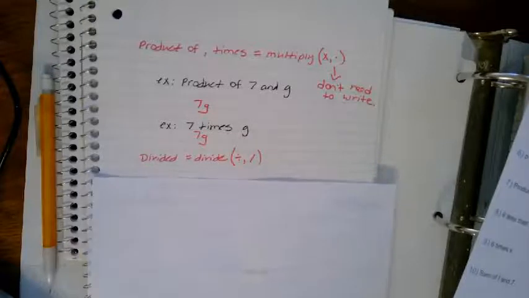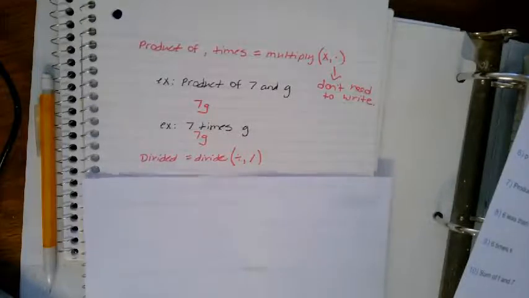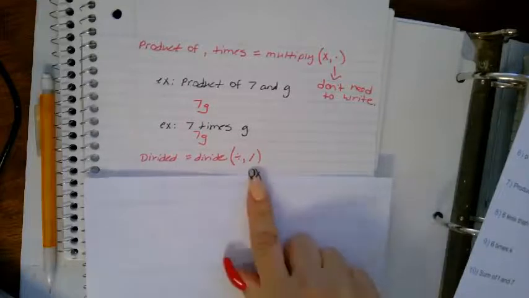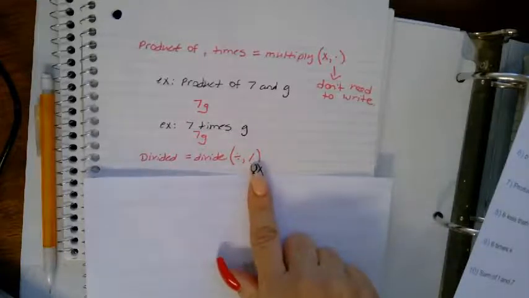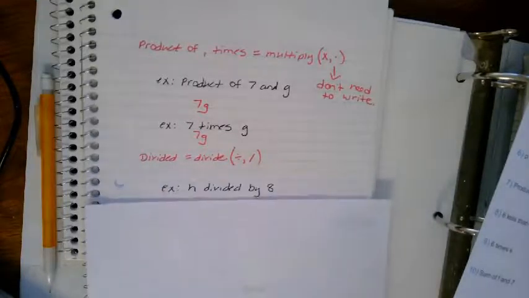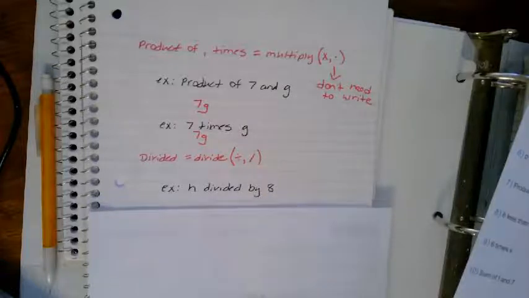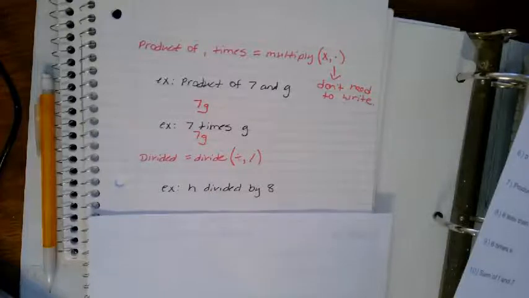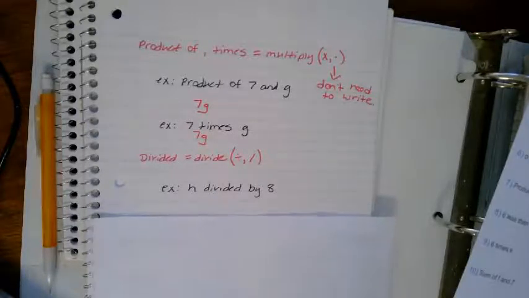And on these ones, most likely you're going to use the slash. So if we look at H divided by 8, write that down and then tell me what that looks like to you. What do you think? H divided by 8. Okay, everyone agree with Noah?